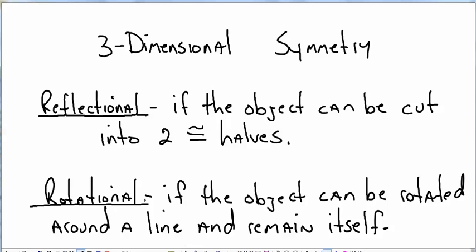If you cut it right through the helmet, then this half's going to have the football and this half won't. What about rotational symmetry? If you put a line right down the middle of it and you started to rotate it, is it itself? No, it's not. So it doesn't have rotational. It has no symmetry. If you rotate it 180, it's not itself.